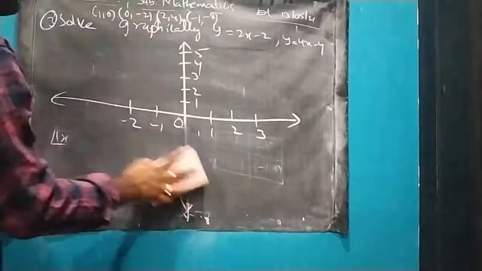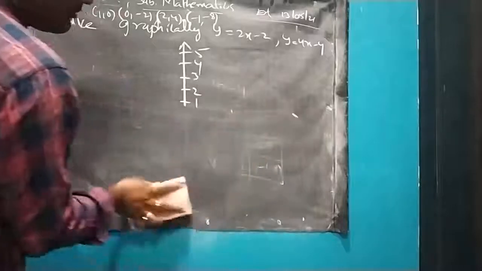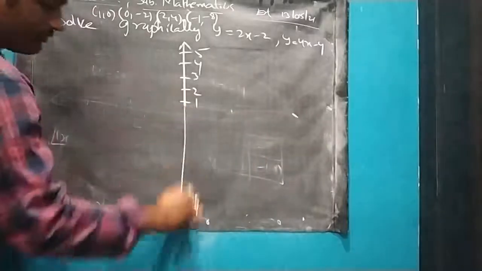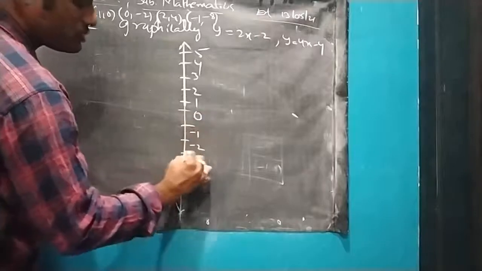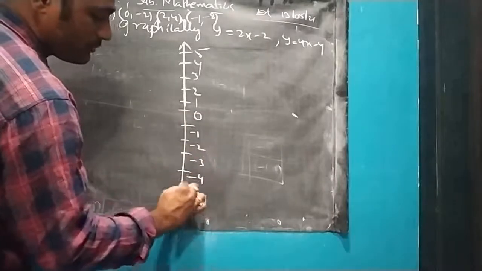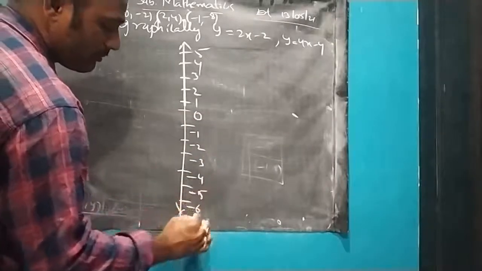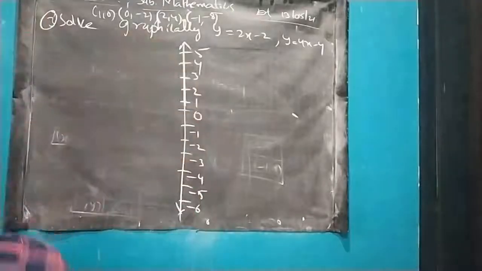We will alter the graph sheet. 0, minus 1, minus 2, minus 3, minus 4, minus 5, minus 6, up to minus 8.